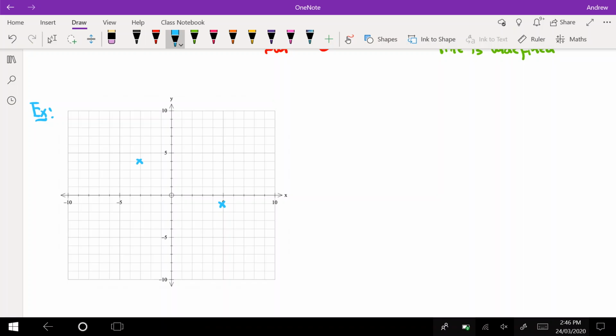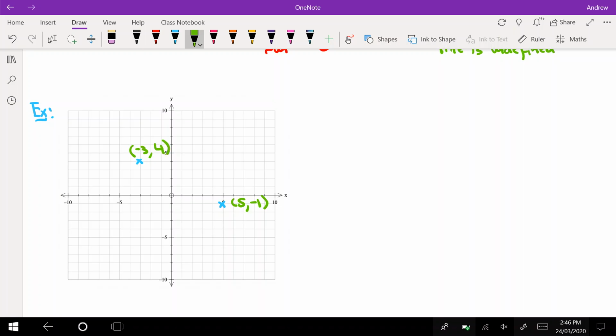Can you guys clearly see where they are on the plane from where you are? What is that bottom point there? What's the coordinates of that bottom one, Sophia? 5, -1. Claudia, what's the coordinates of the top one? Okay, so we're going 1, 2, 3 across. So negative 3. 1, 2, 3, 4 up.